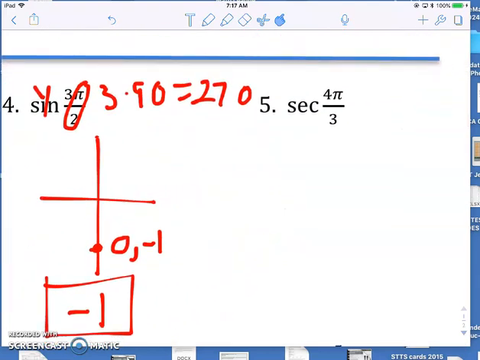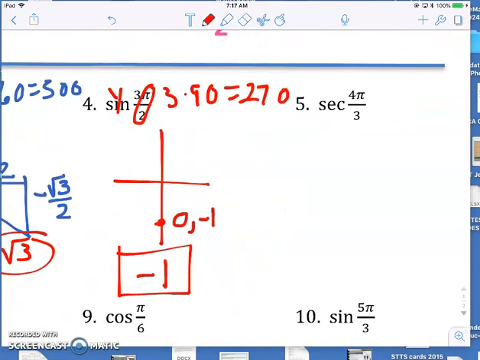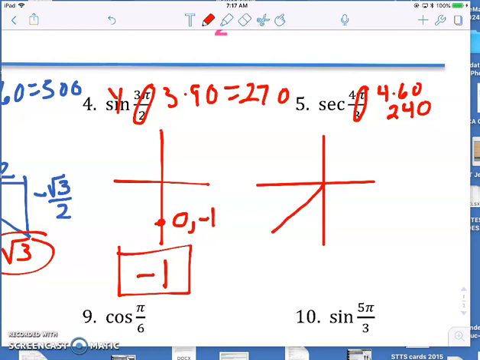And the last one of this line, the secant of 4 pi over 3. So pi over 3 is 60. So we have the secant of 240. So 240 is in the third quadrant. So our reference angle is 60.